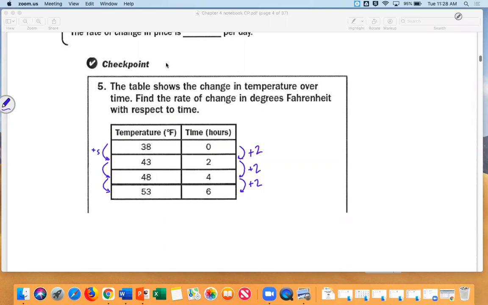You're adding 5. So my slope, since time is on the bottom, is 2 goes on the bottom and 5 goes on top. So what this says is the temperature goes up 5 degrees every 2 hours. Grace, you okay with that? All right.